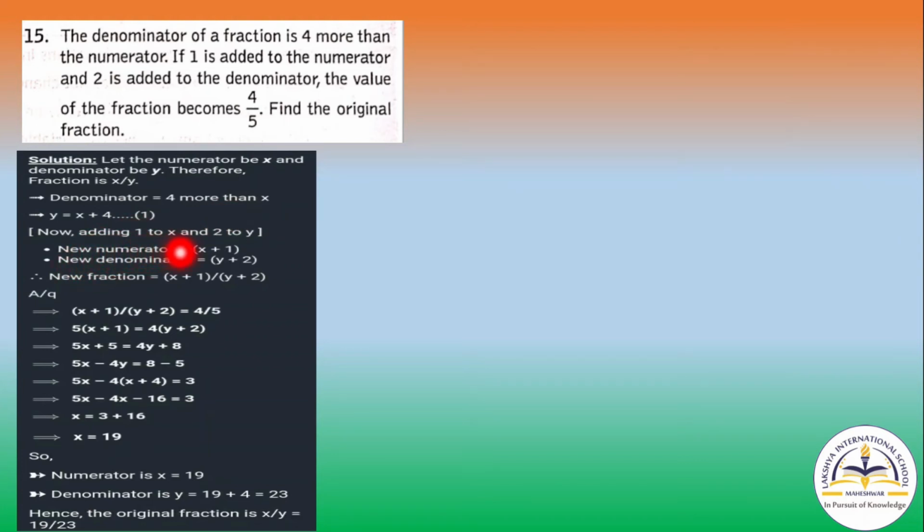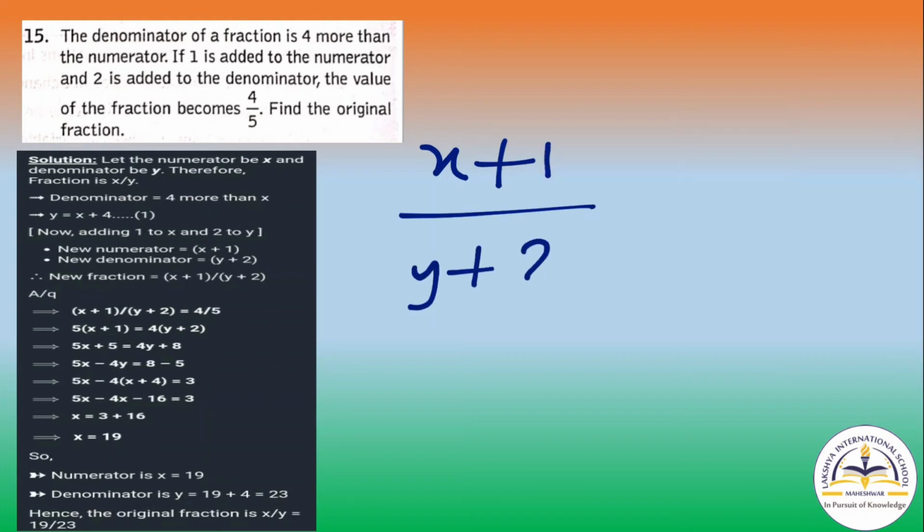Now adding 1 to x and 2 to y, the new numerator will be x plus 1 and the new denominator will be y plus 2. Now for the new fraction, we write x plus 1 divided by y plus 2 equals 4 by 5. Now you have to cross multiply.